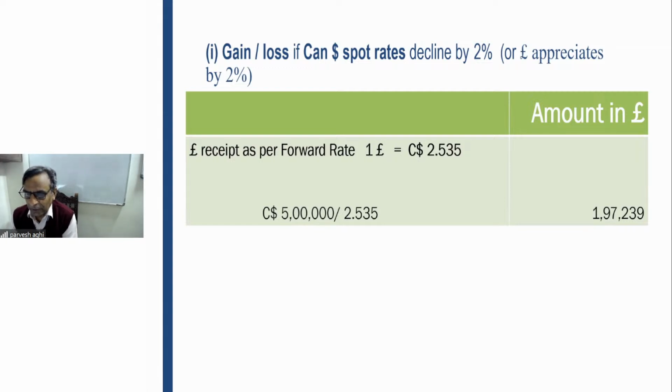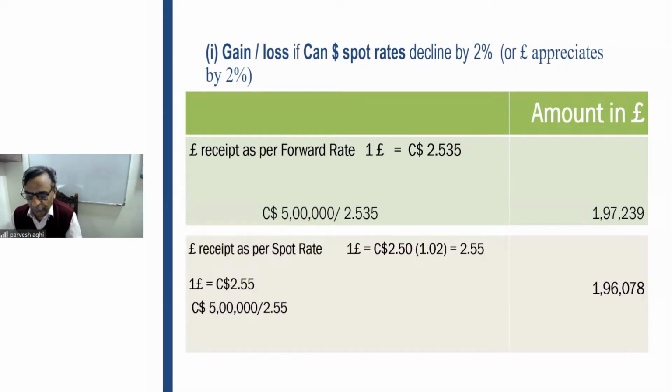So we multiply that with the amount we'll be getting from abroad, which is 5 lakh Canadian dollars. Straight away we can even divide by taking the original quote. So we get 1,97,000.